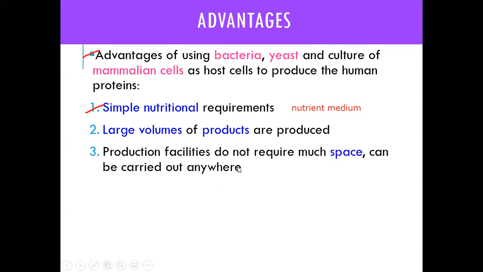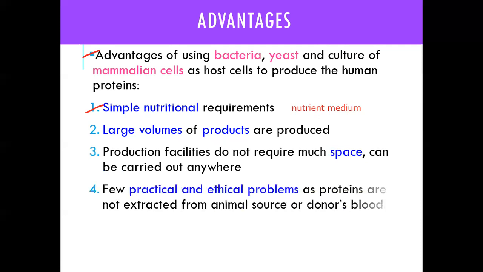So when you grow them in the fermenter, the space that you need is very much less compared to growing animals to obtain the same amount of insulin. And there are fewer practical and ethical problems, because the protein is not extracted from an animal source. For vegetarians, we don't like that.